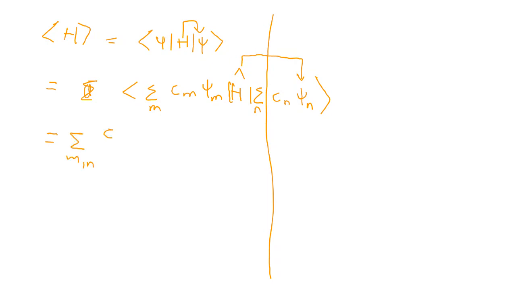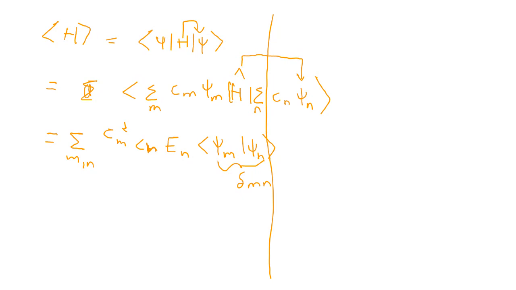So sum over m n of cm star cn, right? And you are left with what's h acting on psi n. This just gives you En. Then you're left with overlap psi m psi n. Repeat the same thing. This is delta mn.